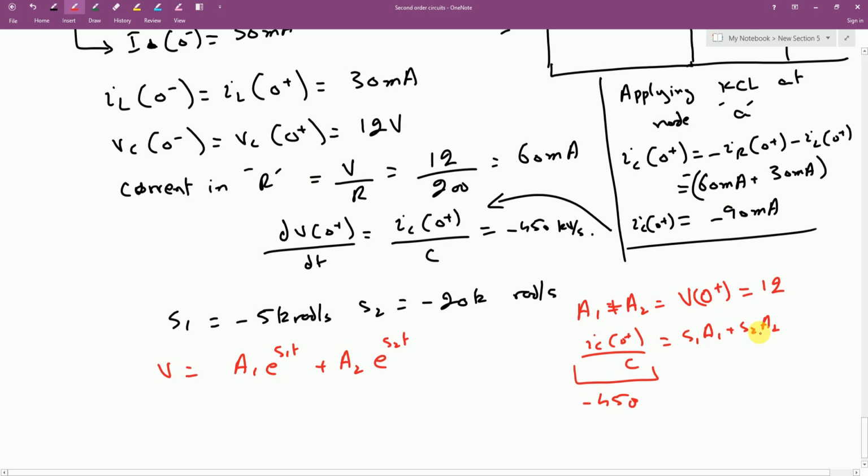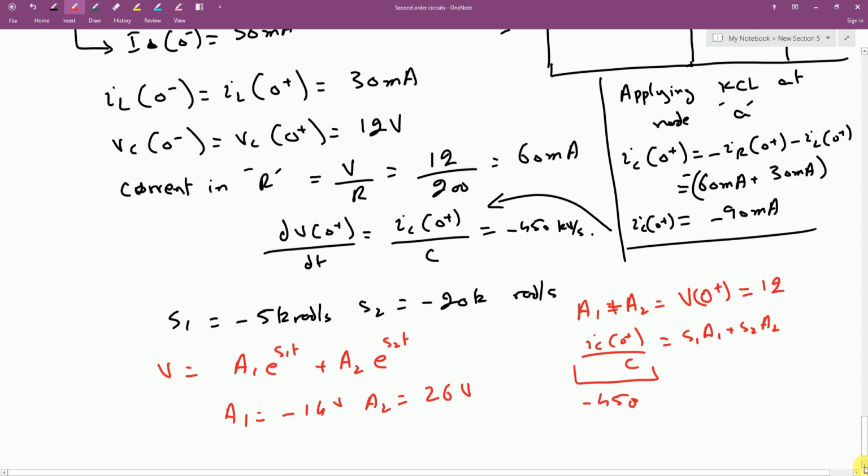So these two are solvable, and if I solve these equations, then I get A1 equal to minus 14 and A2 equal to 26 volt.